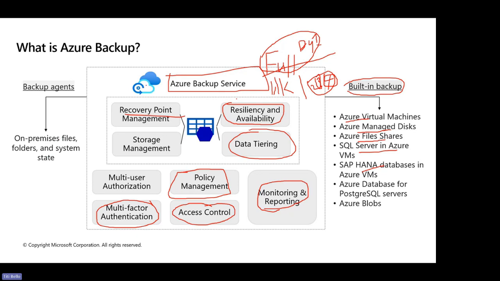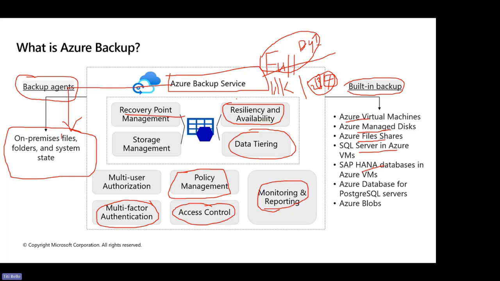And you can also extend this backup service in Azure. You can extend it to your on-prem servers or resources by installing what we call backup agents. So if you have a hybrid environment, or even if it's not hybrid, but you have an Azure environment and you have subscribed to Azure Backup Service, and you want to use that backup service to back up your on-premises server.